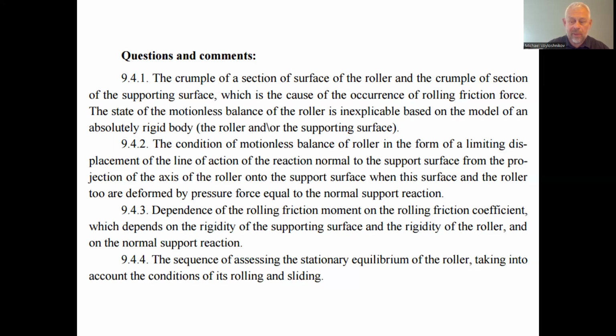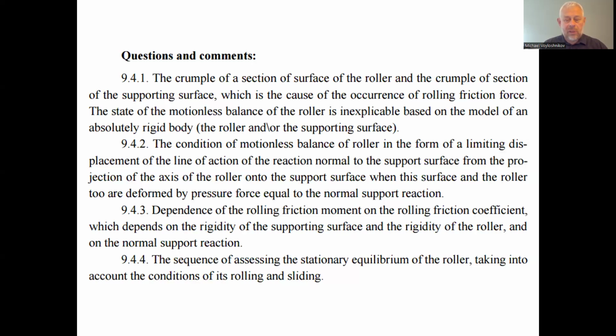Absolutely zero force acts on the wheel, on the absolutely rigid body, the absolutely solid wheel. Any force more than zero will roll this wheel over the surface, and this force has to be zero to keep it in balance.